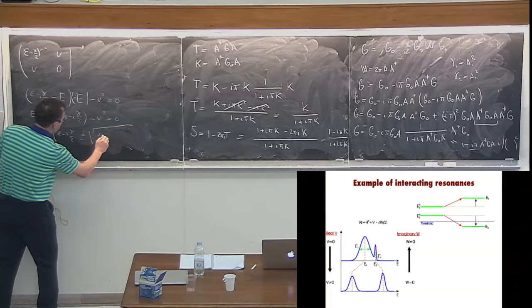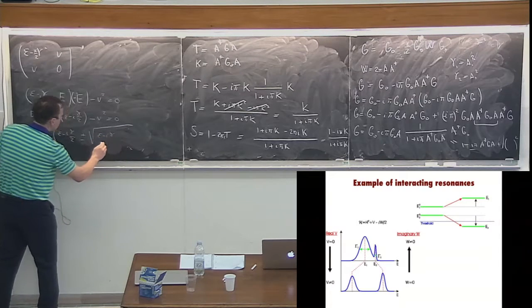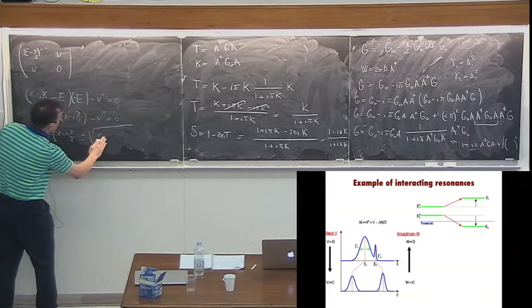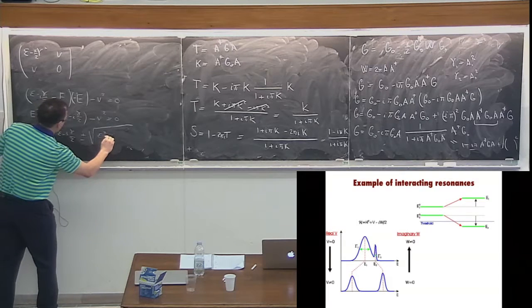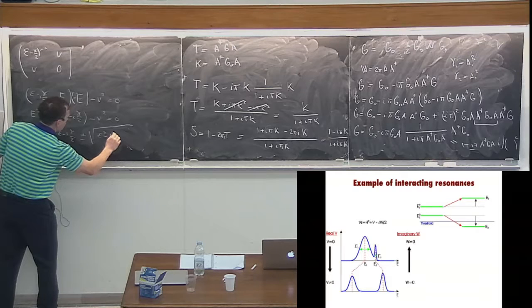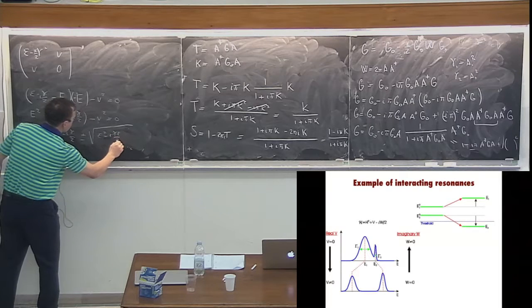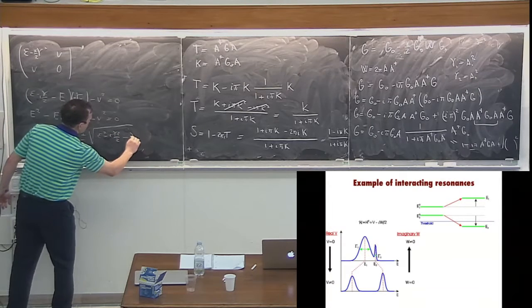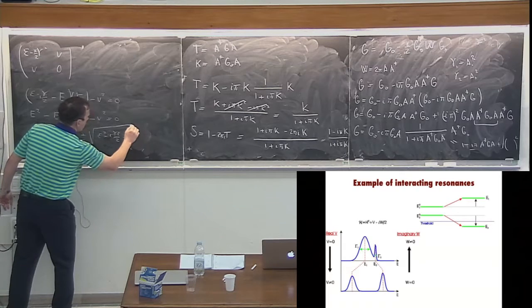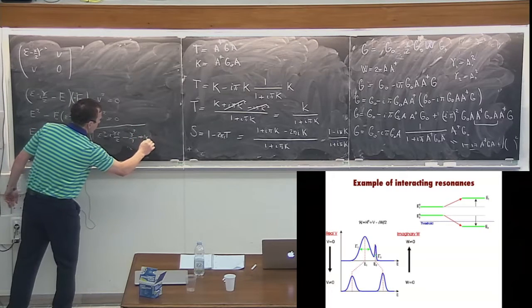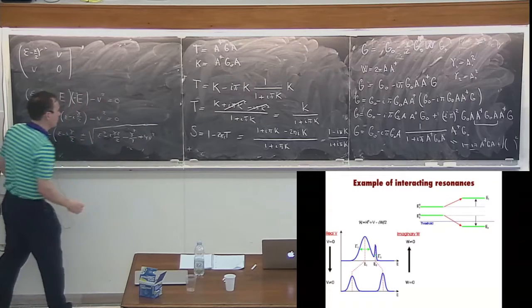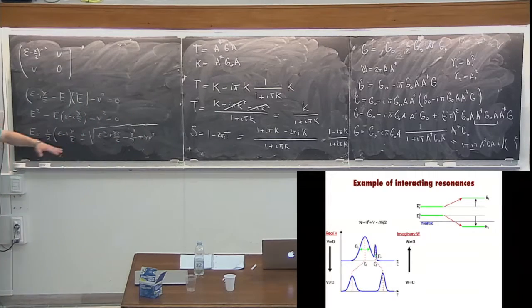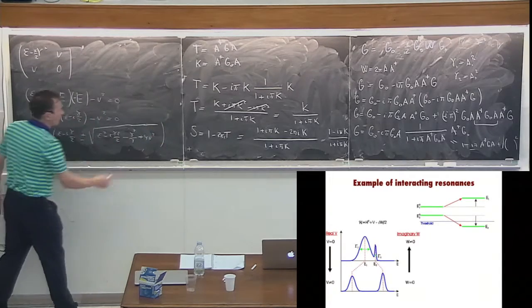Let me write it explicitly: E squared minus i gamma E over 2 minus gamma squared over 4 plus 4V squared. And you can see what happens with this equation in various limits.